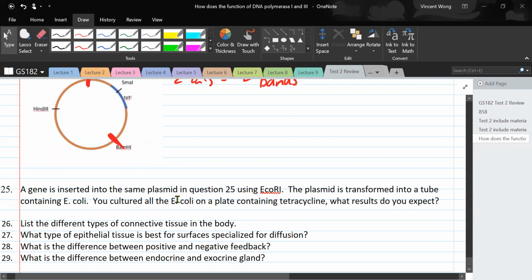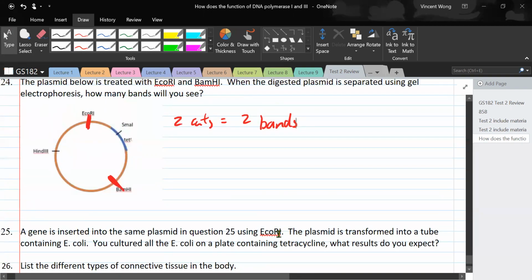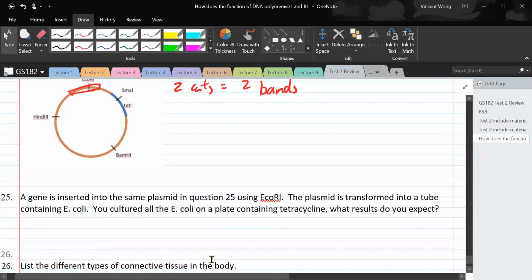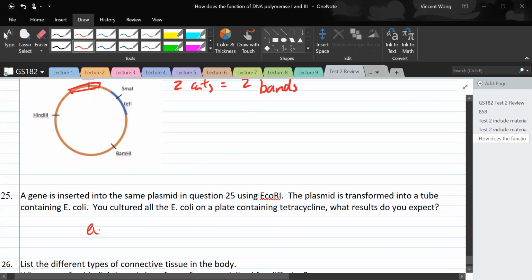A gene is inserted into the same plasmid in question 25 using EcoR1. The plasmid is transformed into a tube containing E. coli. You culture all the E. coli on a plate containing tetracycline. What result do you expect? If you insert a gene using EcoR1, the gene is going to go right here. If the bacteria accept the plasmid, they will have the tetracycline resistance gene. So what's going to happen? Well, you would expect some growth.